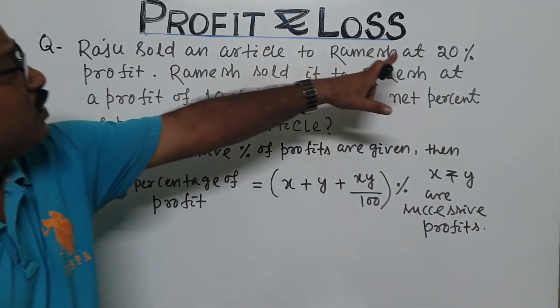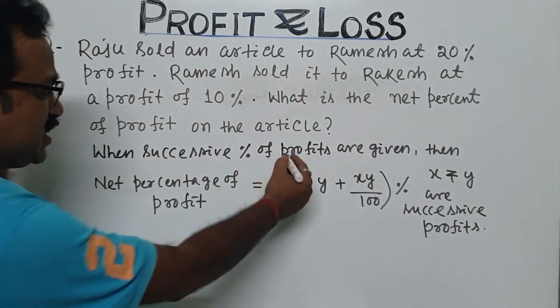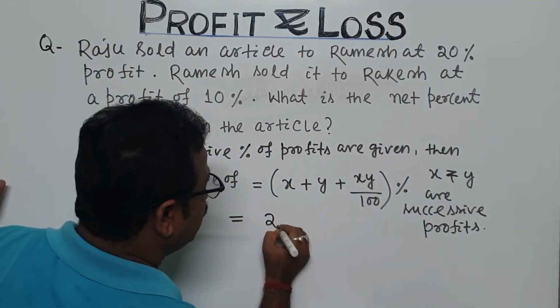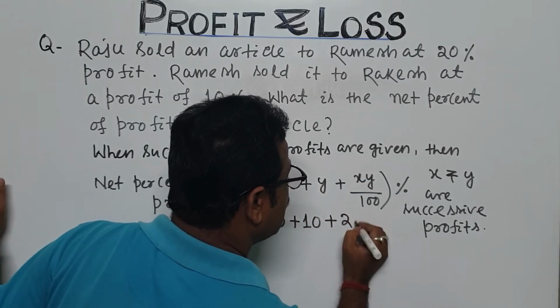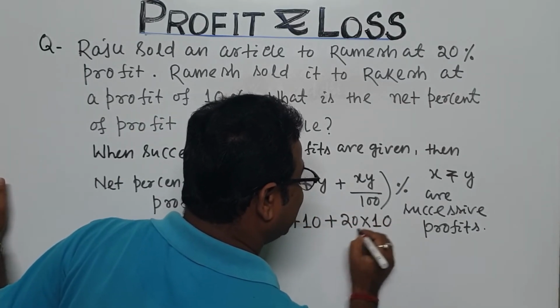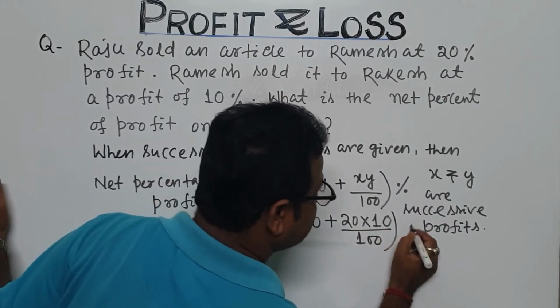So here we have first profit is 20%, then 10%. So that is equal to 20 plus 10 plus 20 into 10 by 100. This much percent.